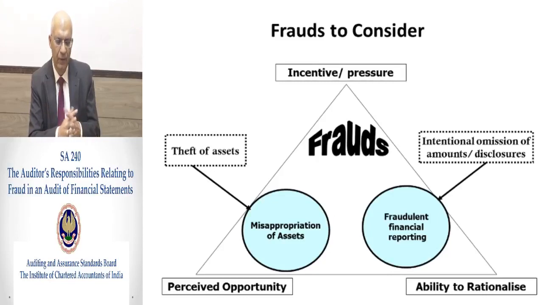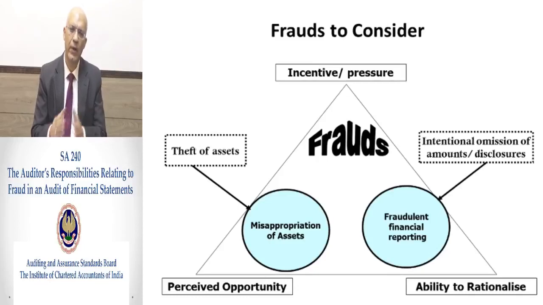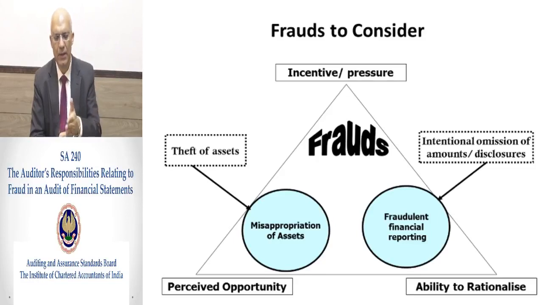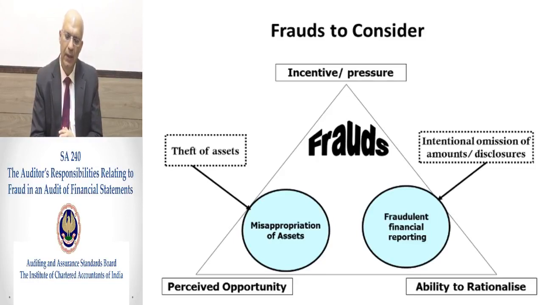Fraud could be theft of assets, misappropriation of assets, or fraudulent financial reporting. In the case of employees, it could be because the level of oversight is not there, or there could be financial pressures. In the case of management, there could be an incentive to show better results. So these are some of the incentives or pressures which lead to frauds. And along with whatever I had mentioned, fraud also includes intentional omission of amounts and disclosures.